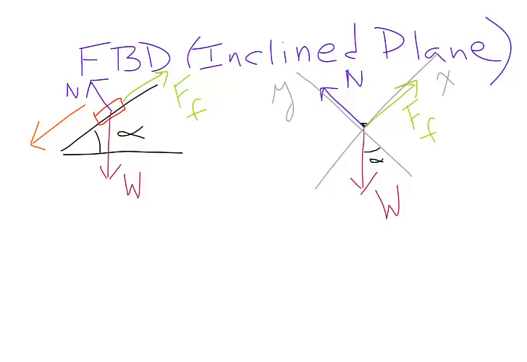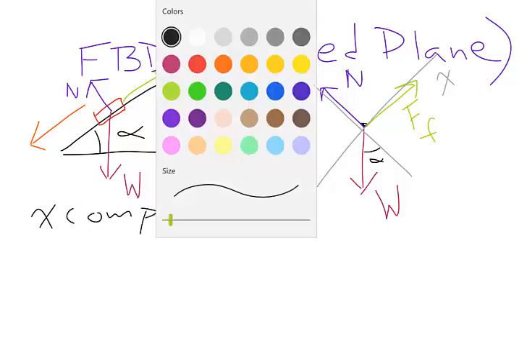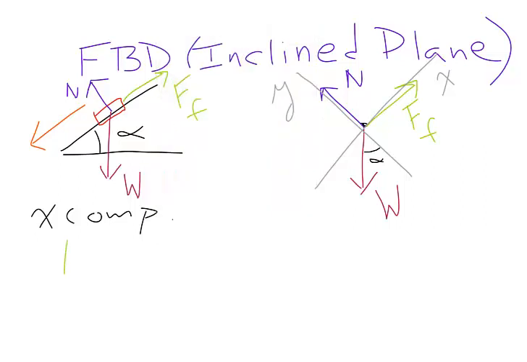So the x components are going to have F sub f in the plus x direction minus W sub x, the x component of the weight, and that's going to be equal to m times a in the x direction.